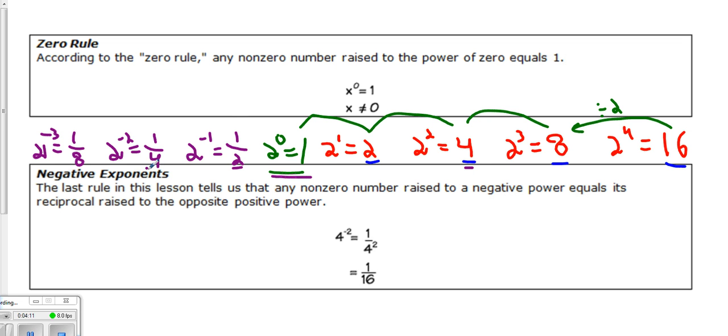So that's where this 4 came from. 2 to the negative 3 is 1 over 2 to the 3. And 2 to the 3 is 8. So 1 over 8. So this pattern, multiplying by 2 every time you go up, dividing by 2 every time you go down, helps us prove both the zero rule and the negative exponents. So that's why both of these are true.